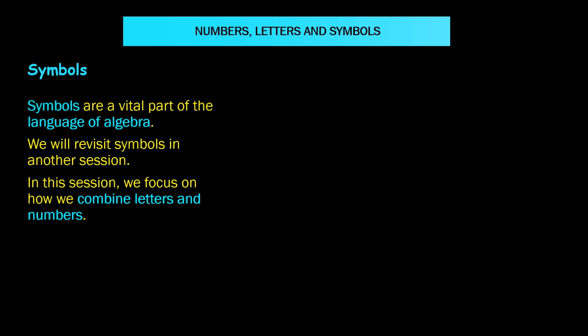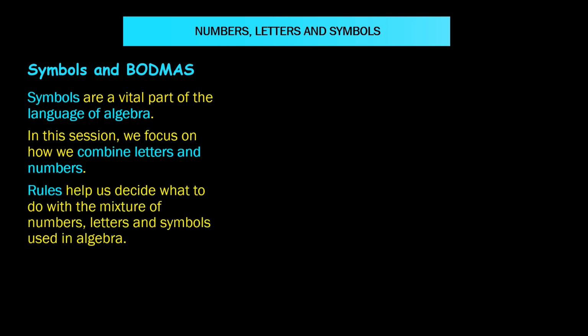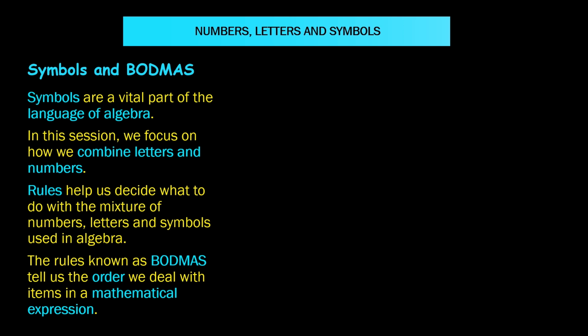For now, simply think of symbols as being plus, minus, and equals, but we will expand on this in a later session. Rules help us to decide what to do with a mixture of numbers, letters, and symbols used in algebra. The rules known as BODMAS tell us the order we deal with the items in a mathematical expression.